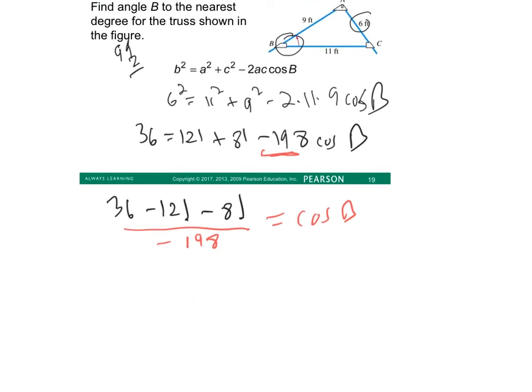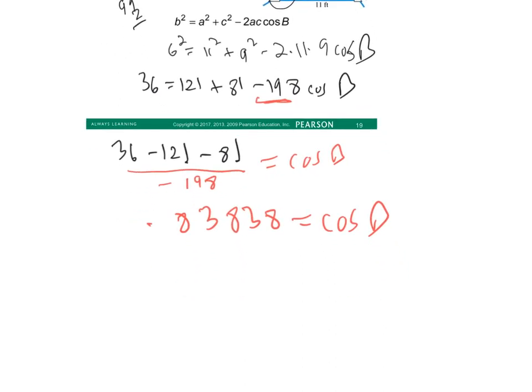Okay, so let's go to the calculator. Let's plug that in. 36 minus 121 minus 81. 0.83838 equals cosine of b. Second cosine, I get b is equal to, rounding, 33 degrees.